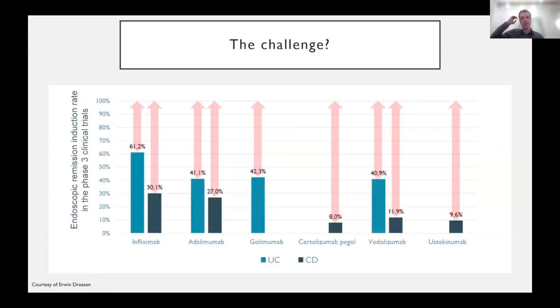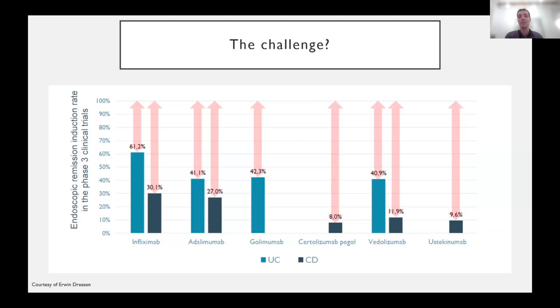Here is an illustration of some of the phase 3 trials. These are endoscopic remission rates. Of course, the attentive listener to this presentation would be quick to note that definitions changed somewhat through the years, but we can see that not nearly all the patients receiving active drug also achieve endoscopic remission.